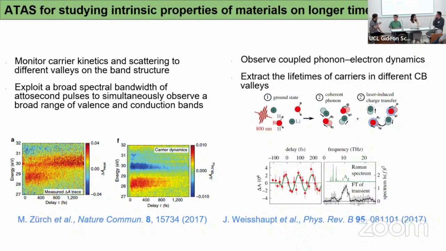And of course, by scanning the time delays, you can look at how the charges will move in these different bands. You can also observe coupled phonon electron dynamics from Attos and extract lifetimes of carriers in different conduction bands. Just to say that, of course, in Attos, you need to take into account these dephasing processes as well, and not only in the presence of the intense pulse, but also afterwards.